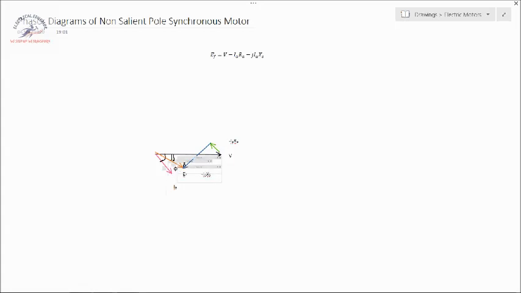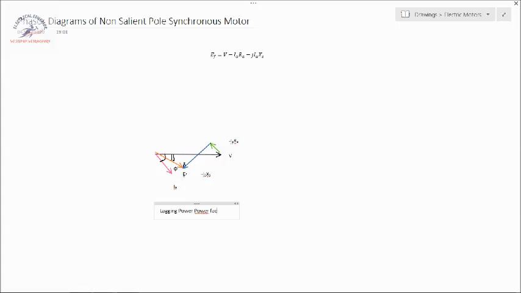So this is the phasor diagram for the non-salient pole synchronous motor with the lagging power factor. What we have done is taken it for lagging power factor.